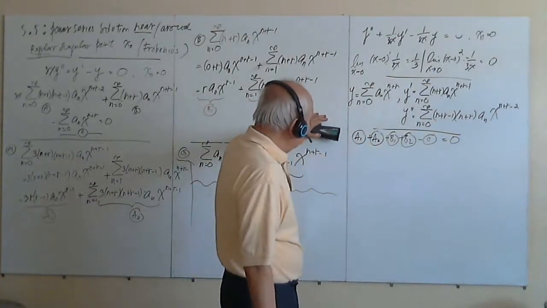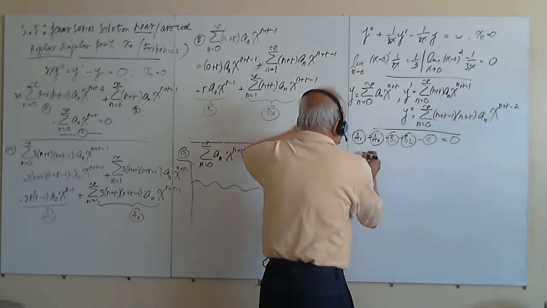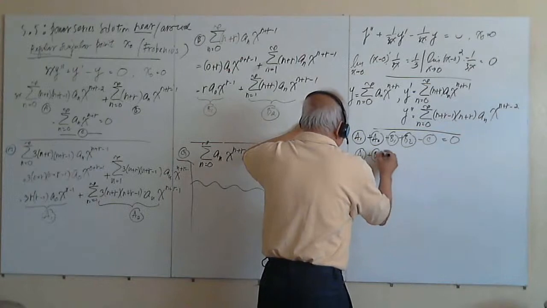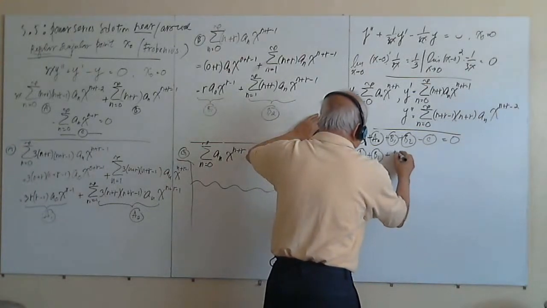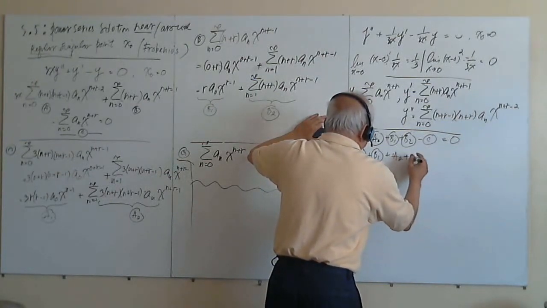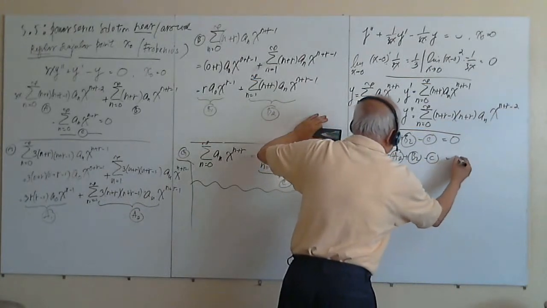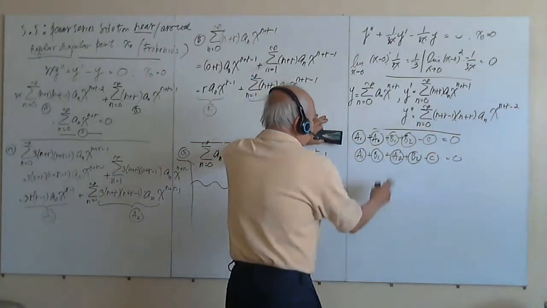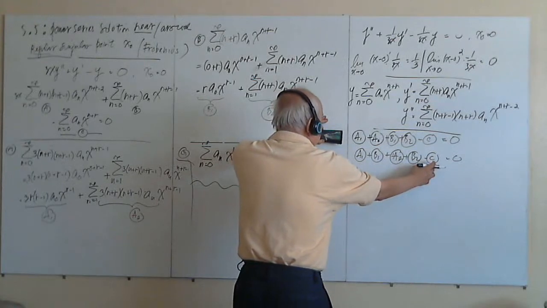And of course, from here, I can say that A1 plus B1, I'm combining the 1s together here, plus A2 plus B2 minus C equal to 0. So this one got a sigma sum, and this one got a sigma sum, and this one got a sigma sum.